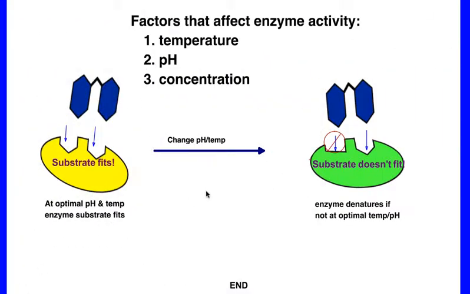Alright, and there are a few things that affect enzymes in our body. We already talked about temperature and pH. And then concentration as well. The more enzyme you have, the faster the chemical reactions can go. So we want to have plenty of enzymes to be able to do our bodily processes. One good example is people who are lactose intolerant.